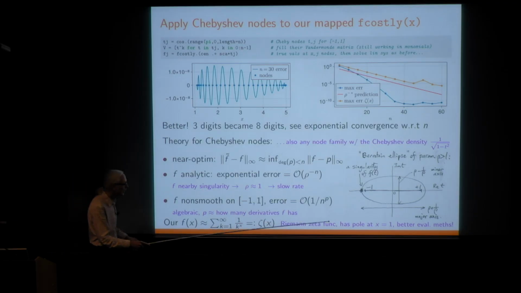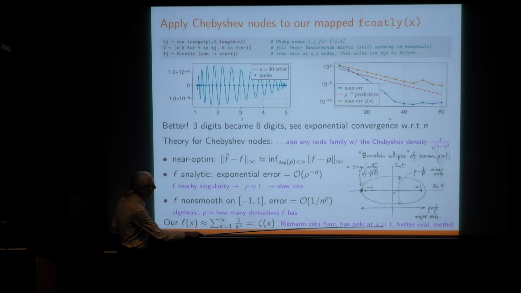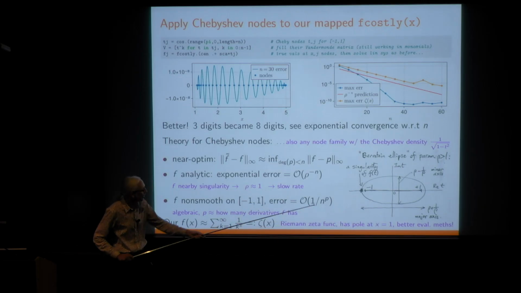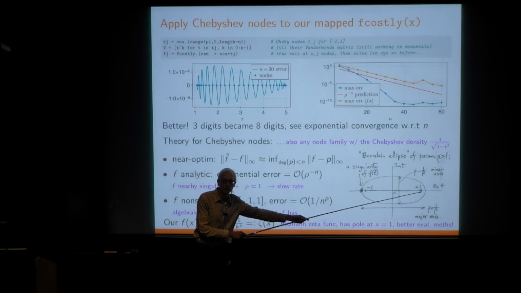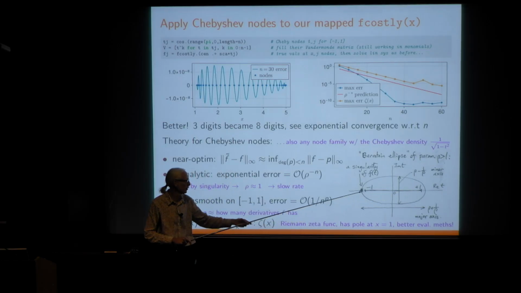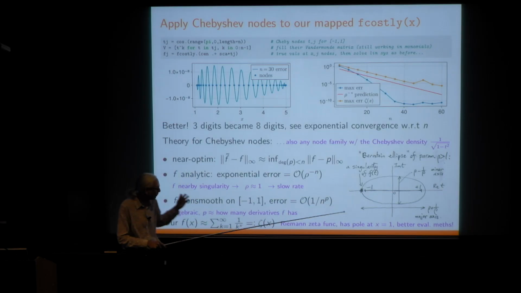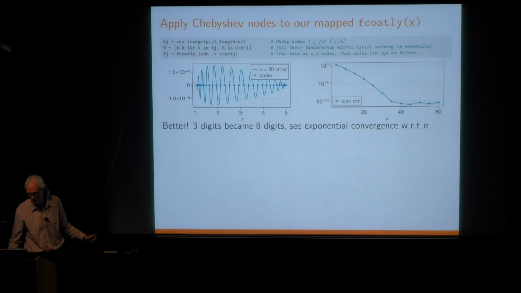And if you start looking up things about the Riemann zeta function, it has a pole at x is 1. Remember the function went from 1.1 up to 5, and that's what we mapped to this standard interval. So 1 is right next to 1.1. So you actually have a pole. Well, you can see there was a pole.